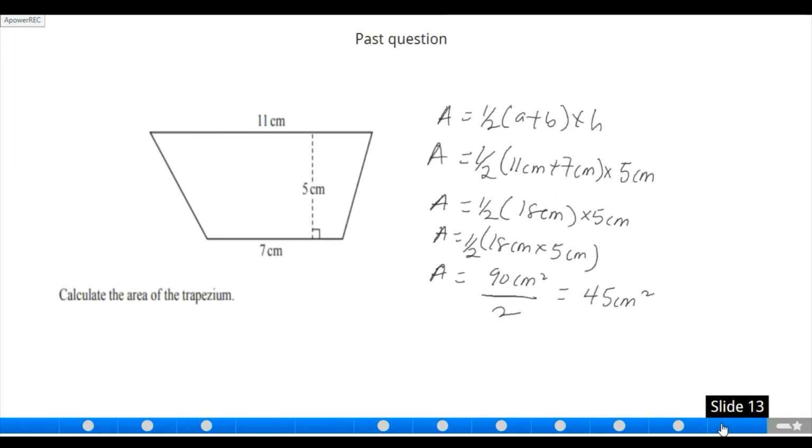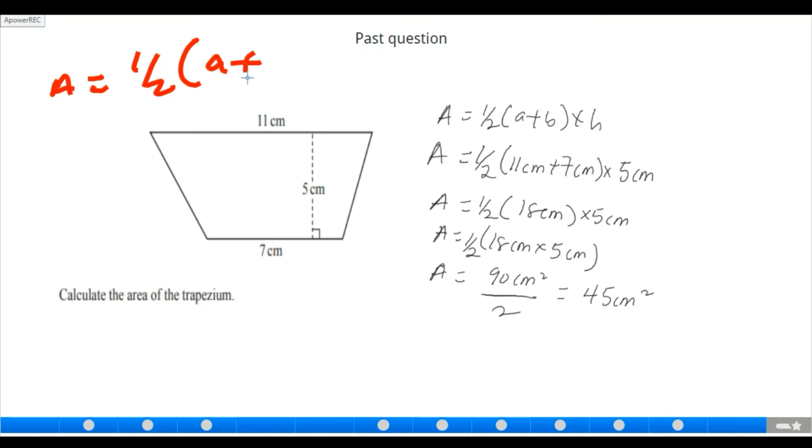Let's look at the next question that we have here. We have to calculate the area of this trapezium. Remember, what's the formula for calculating the area of a trapezium? The area of the trapezium is calculated as half into bracket A plus B multiplied by H, which is height.